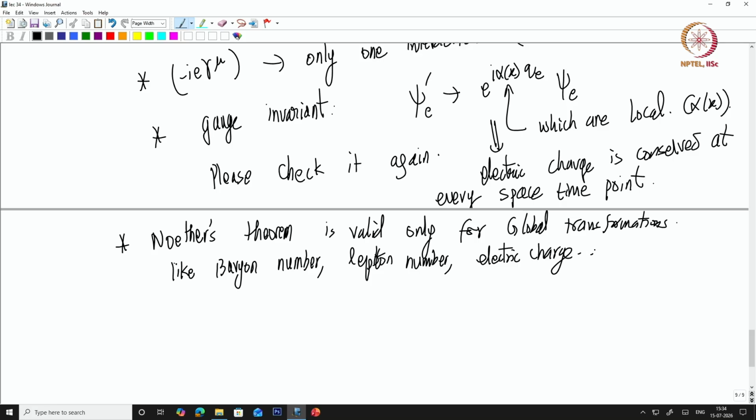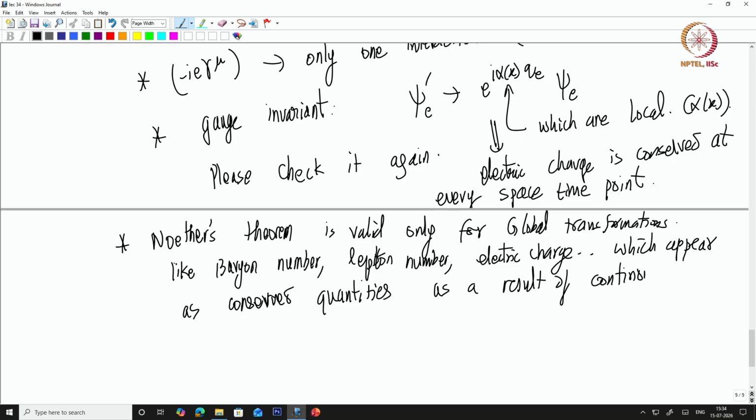These are conserved quantities which appear as a result of continuous symmetry transformations as per Noether's theorem.